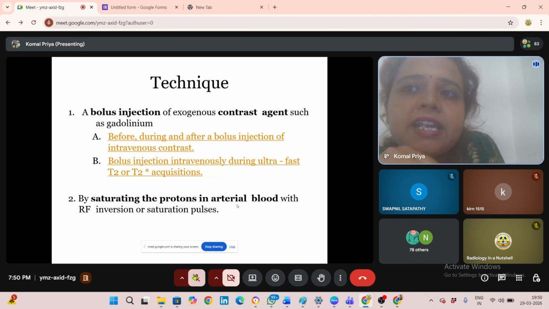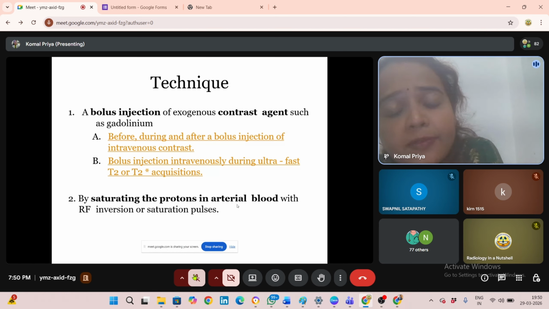So through both the techniques that you are seeing, we will acquire the perfusion weighted imaging. In the simplest form, it can be acquired with the ultra fast acquisitions before, during, and after the bolus injection of the contrast media. Okay.